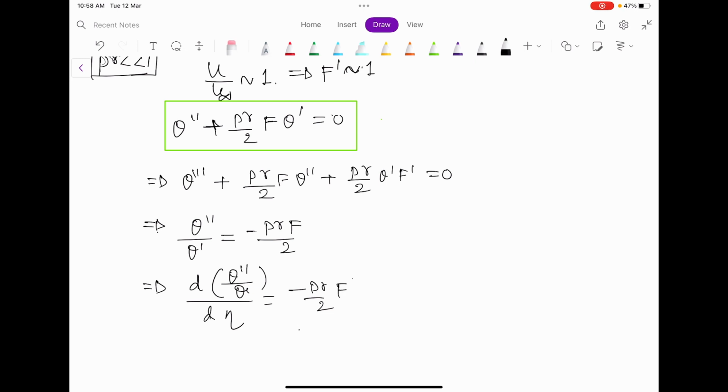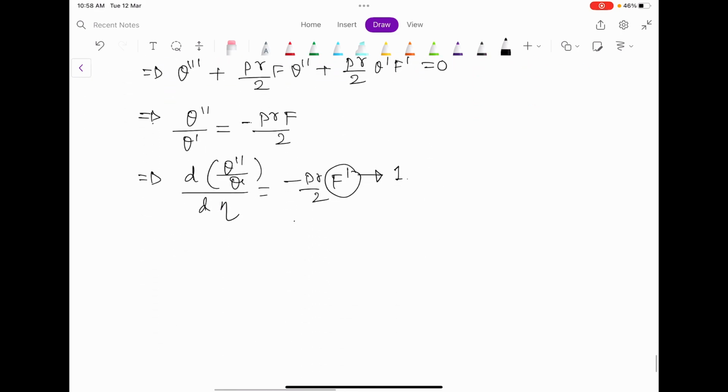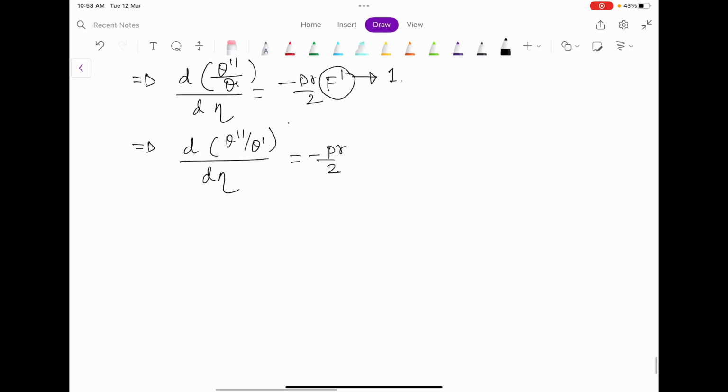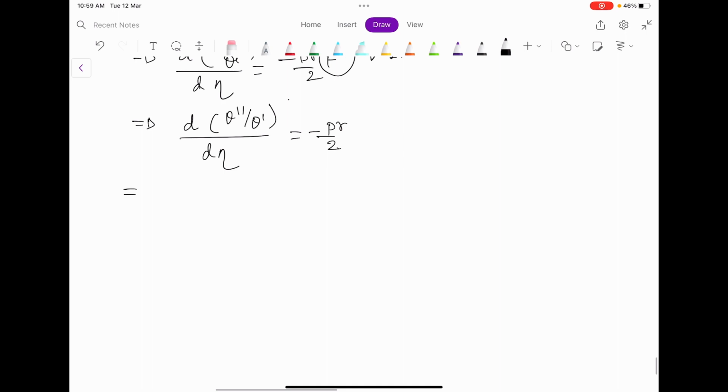So this will be Pr by 2 into f dash. Now f dash is 1 for almost every point in the domain for Prandtl number much less than 1. So this becomes theta double dash by theta dash d eta is equal to minus Pr by 2 d eta. Now from here you can solve it. So that means d theta dash by theta dash equal to minus Pr by 2 d eta.